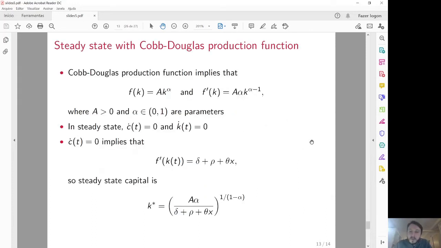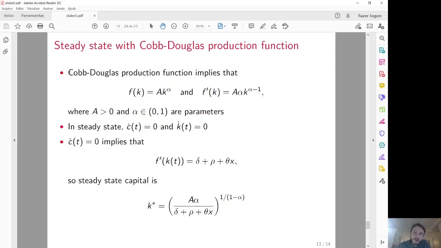And now, before we start writing the code, we will need to write in the code the values for the steady state capital and the steady state consumption. So let's just go quickly here, and we're going to see that if we are using a Cobb-Douglas production function, we can have a formula for steady state capital and steady state consumption.